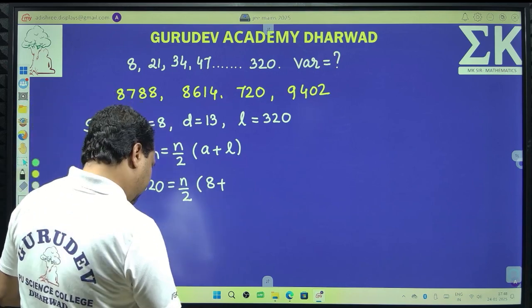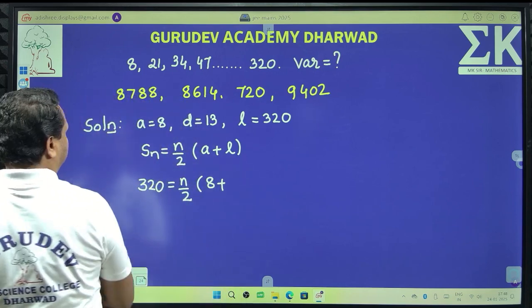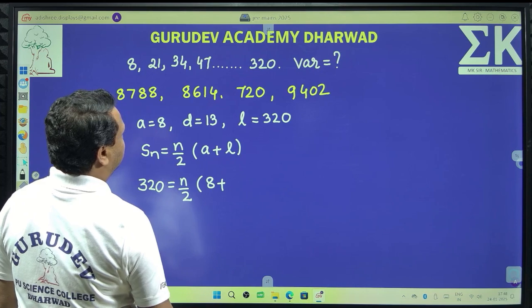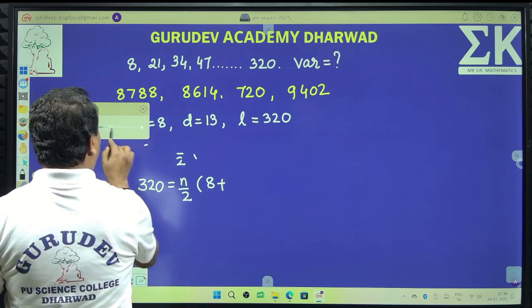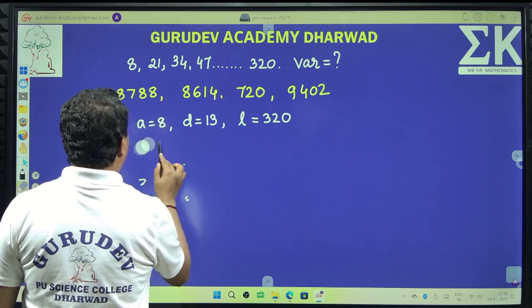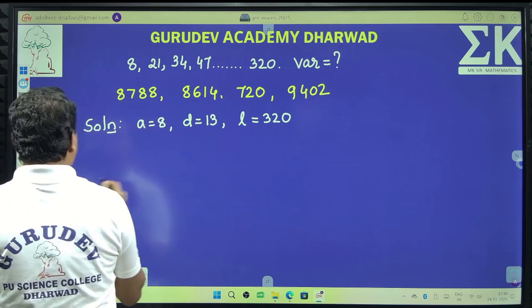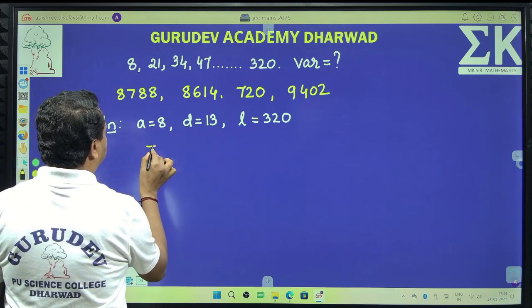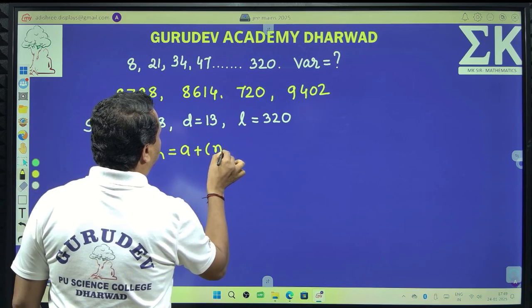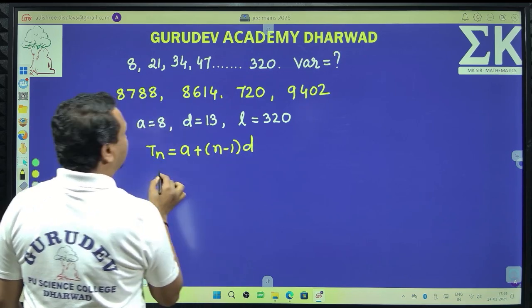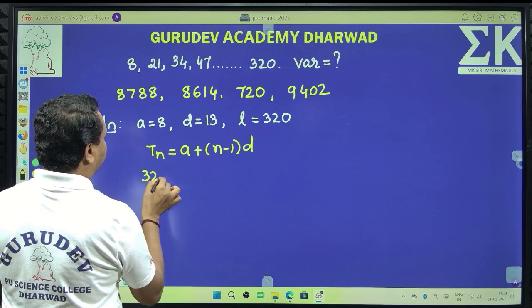The summation he has not given. First term plus last term, no, it won't help me. Better I'll take the Tn formula, it will still be easy. What is Tn equal to? A plus n minus 1 into D. Tn is 320.